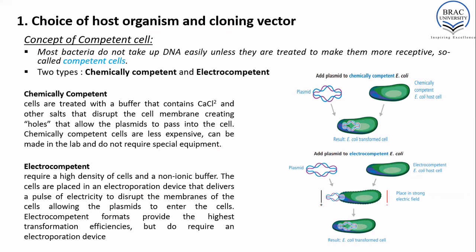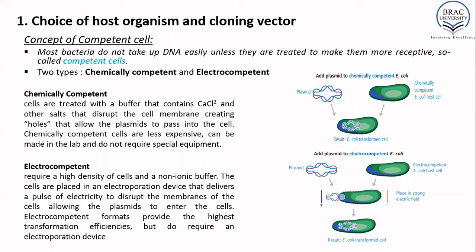On the other hand, electrocompetent cells require a high density of cells and a non-ionic buffer. The cells are placed in an electroporation device that delivers a pulse of electricity to disrupt the membranes of the cells. That allows the plasmid to enter the cells.